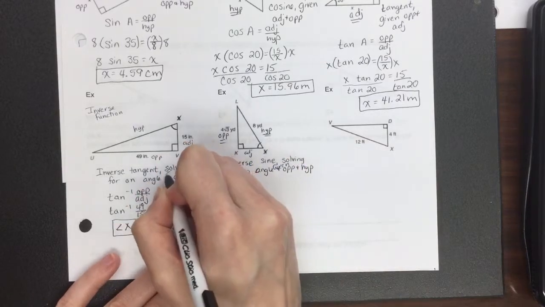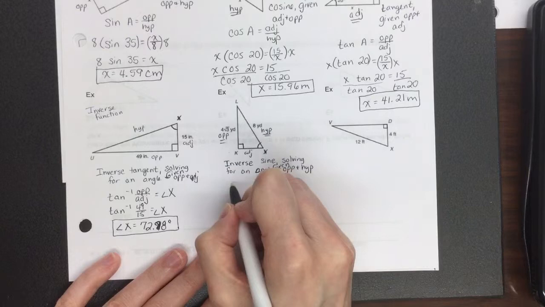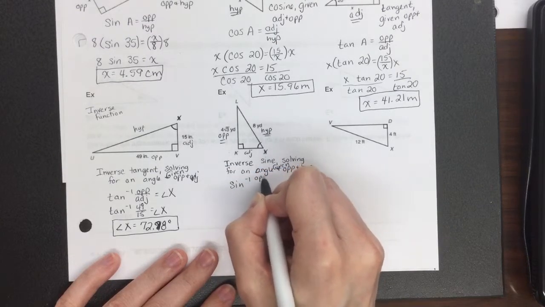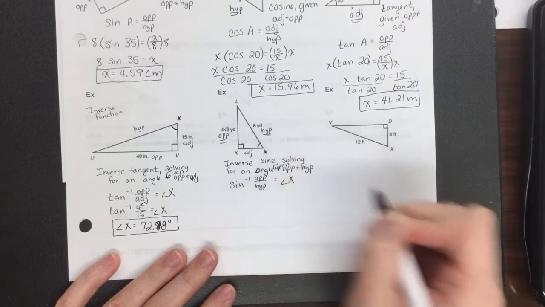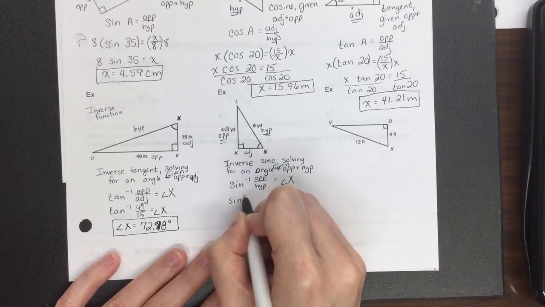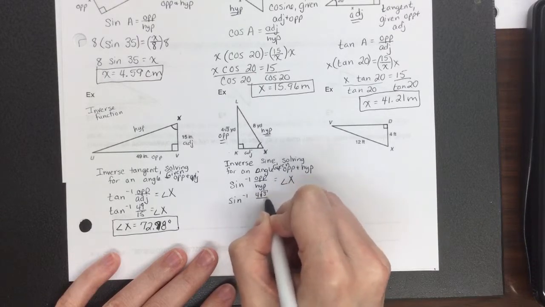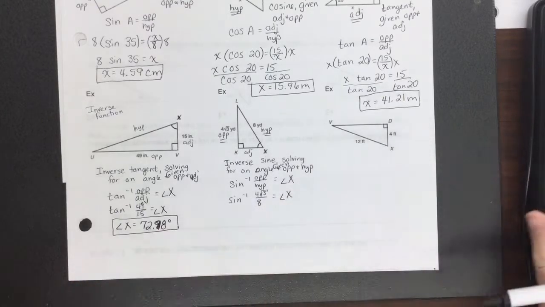I'm going to write given there. Okay, so the inverse sine of opposite over hypotenuse is going to give us our angle x. So the inverse sine, our opposite is 4 square root of 3 over 8 will give us angle x.